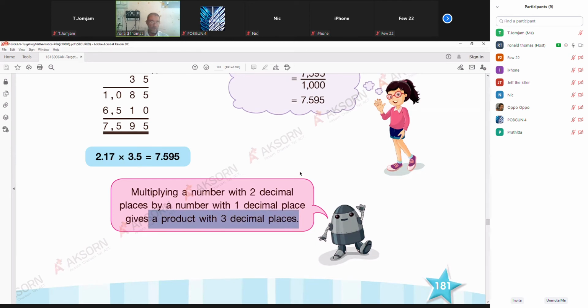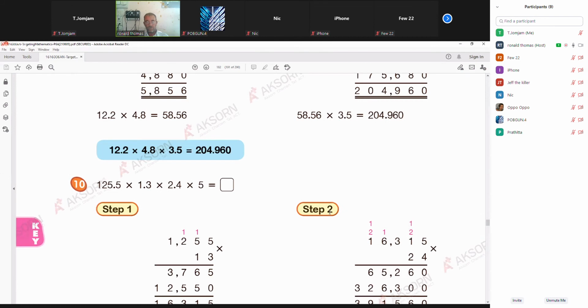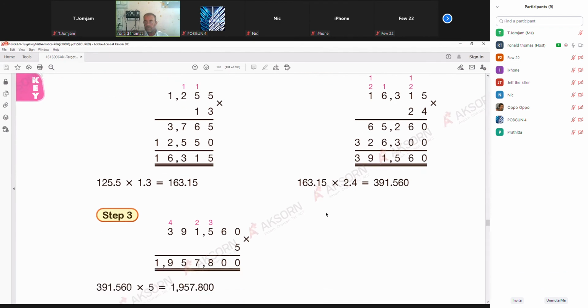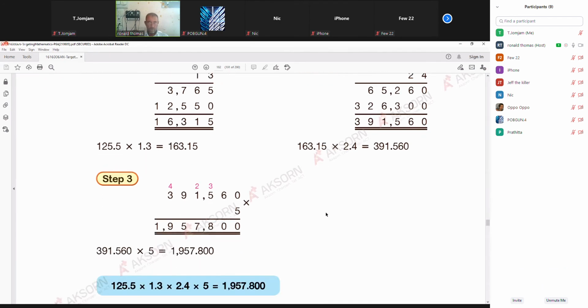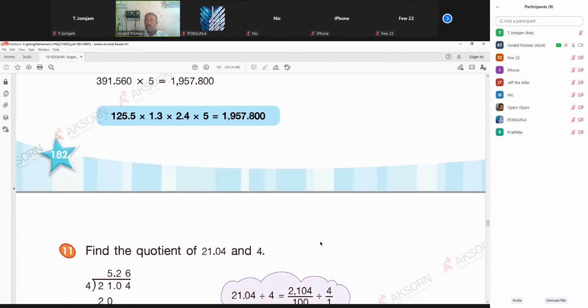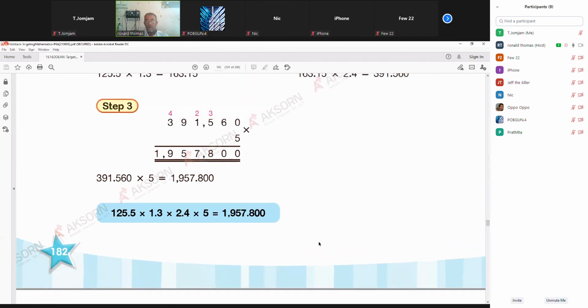Go slowly. Page 182 and 183. Please read yourselves. Is everybody okay?